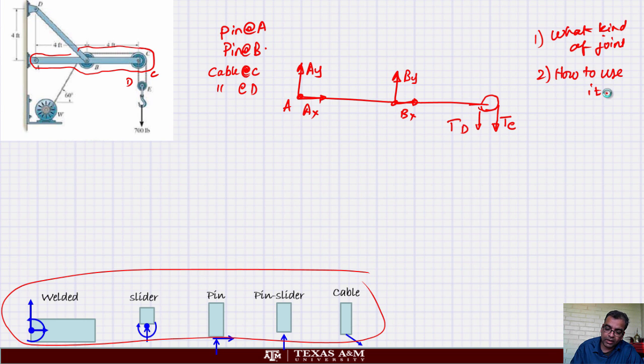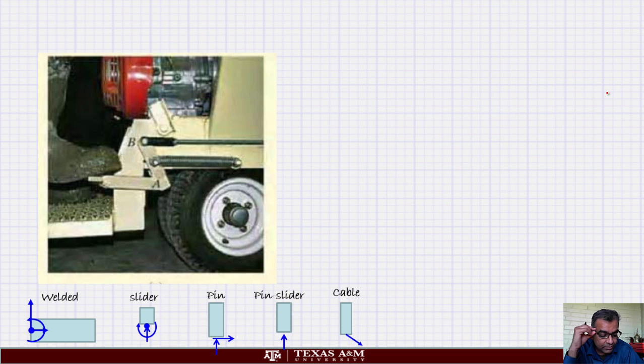Okay, let's try another problem. This is interesting. I'm going to draw this foot pedal. Can you see that pedal here, this thing? Okay, can you see it's pinned here, and there's a spring, and then there's a bar here. So I'm going to draw this thing.